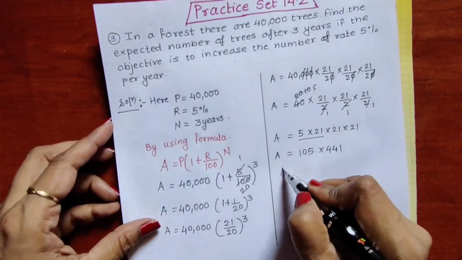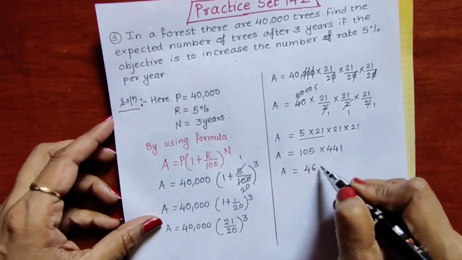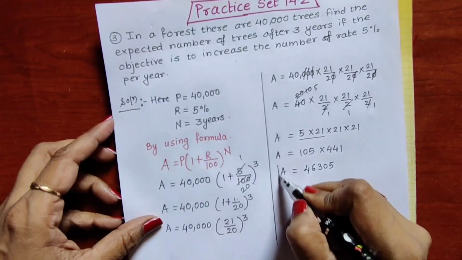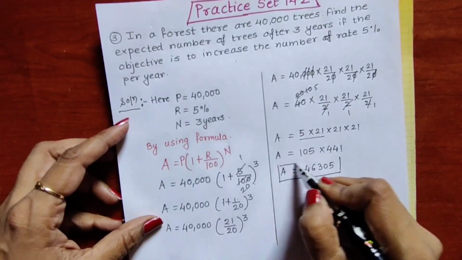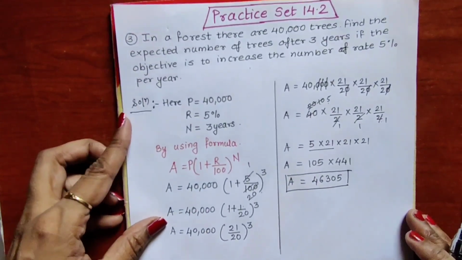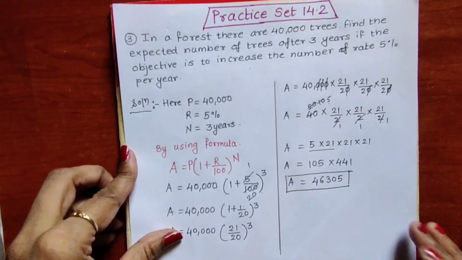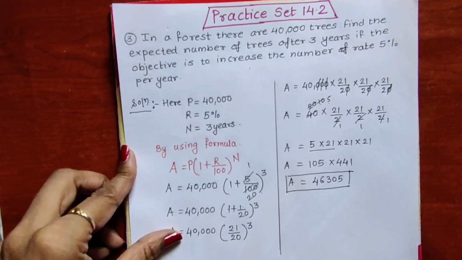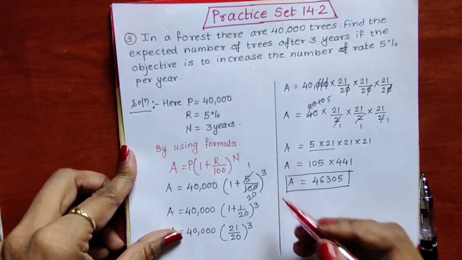A is equal to 46,305. So 46,305 is the number of trees which we get after 3 years in the forestation program. So in the forest there are this many trees.